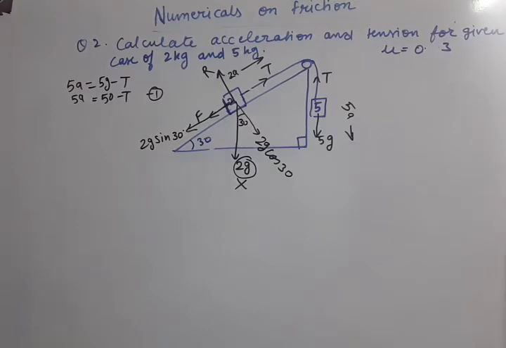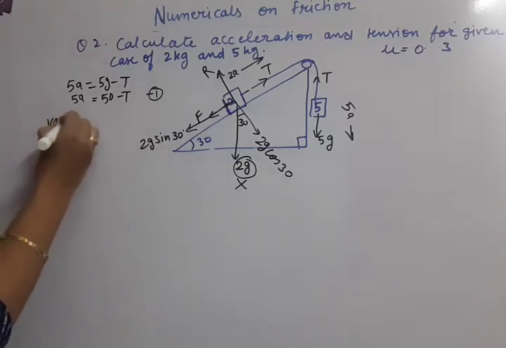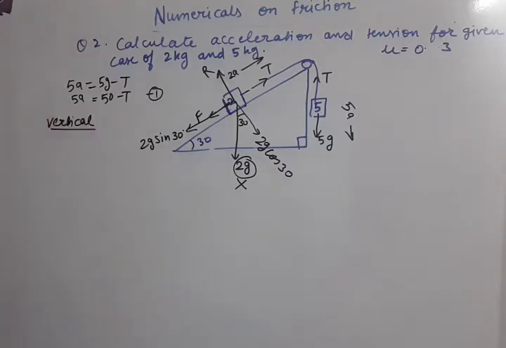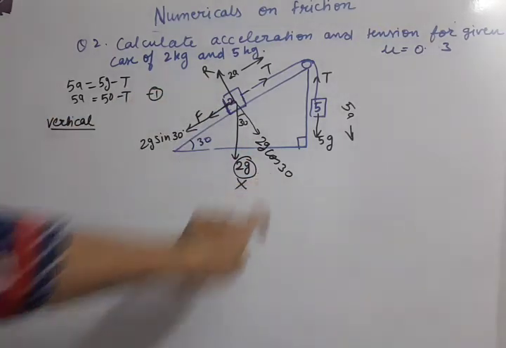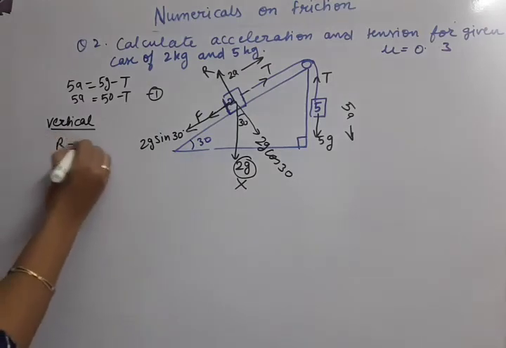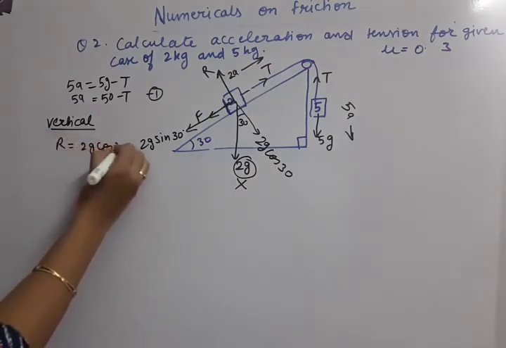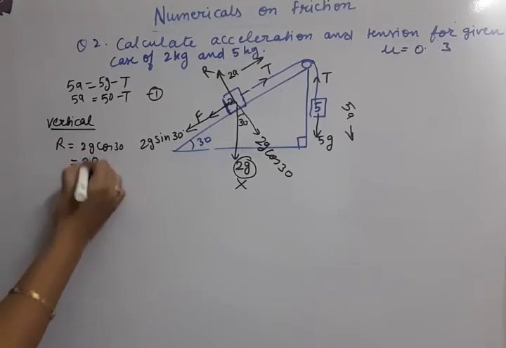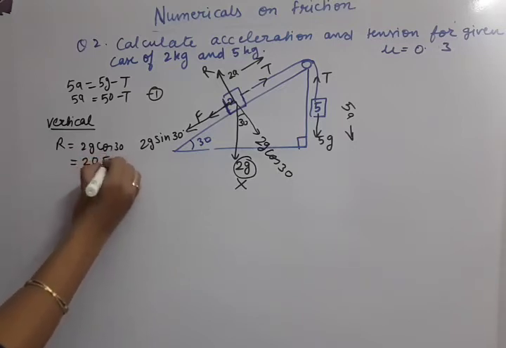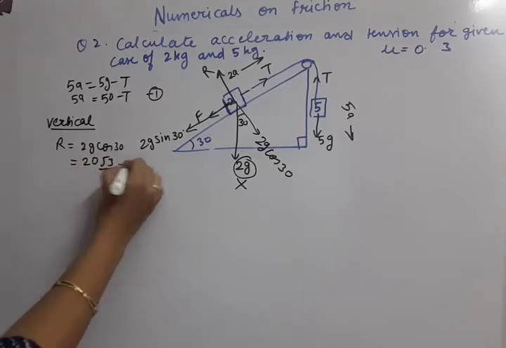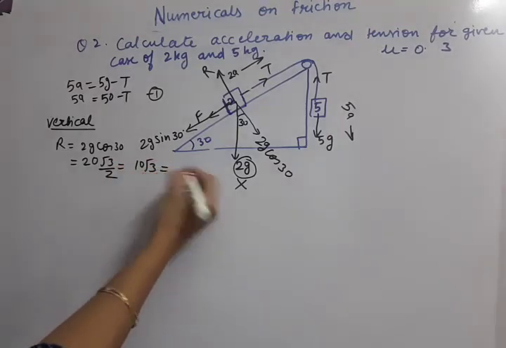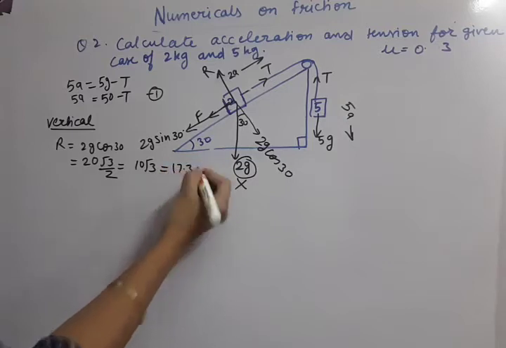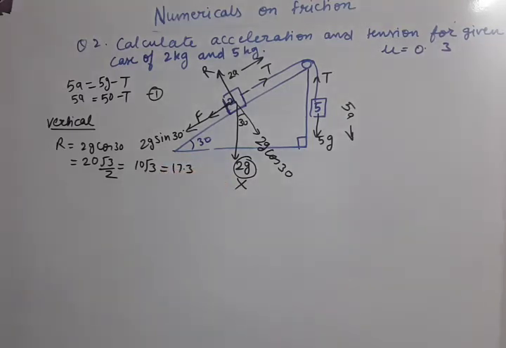Now let us make the equations for horizontal and vertical direction. Firstly, for vertical direction, R is equal to 2g cos 30. 2g means 10, so 20. Cos 30 is root 3 by 2, so it will become 10 root 3. Root 3 is around 1.732, so it will become 17.3 Newton.